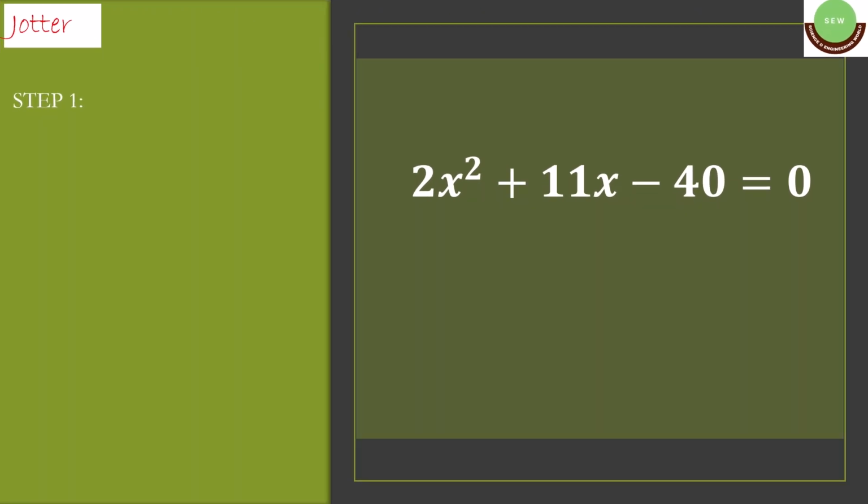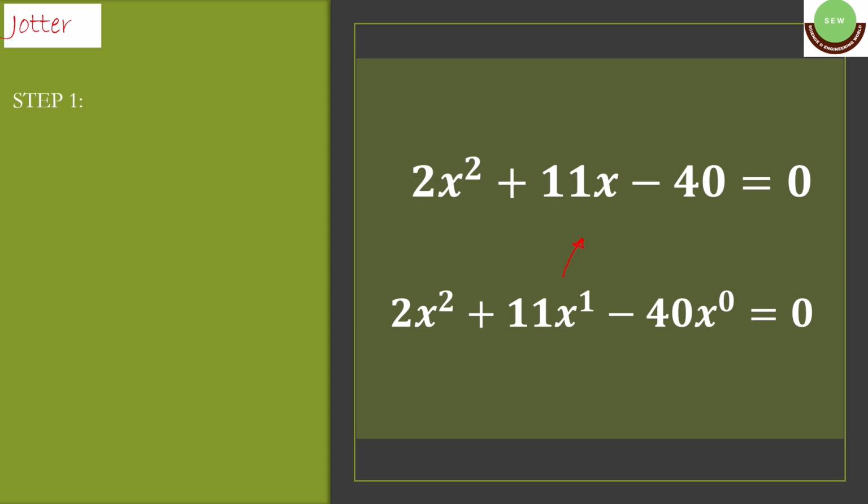Let's take a moment to look at one important note here before we start step 1. The equation 2x squared plus 11x minus 40 equals 0 can be written as 2x squared plus 11x to power 1 minus 40x to power 0. x to power 1 is still x, so that's still 11x.